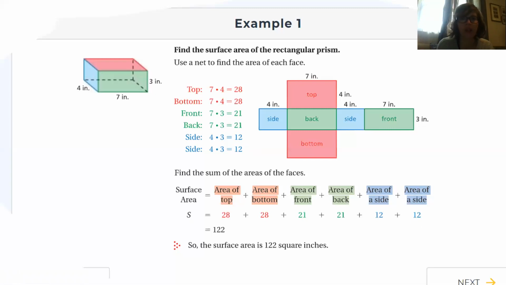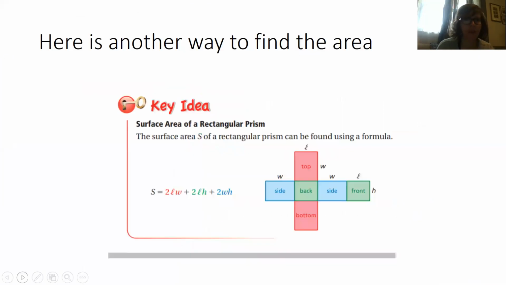Now, I know that involves a lot of multiplication and a lot of adding, so there is a different, simpler way to figure this out. I'm going to show you that. Another way to find the area is to use the formula for surface area, where S represents surface area.